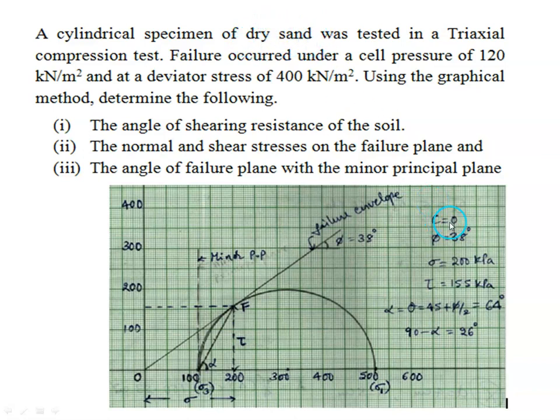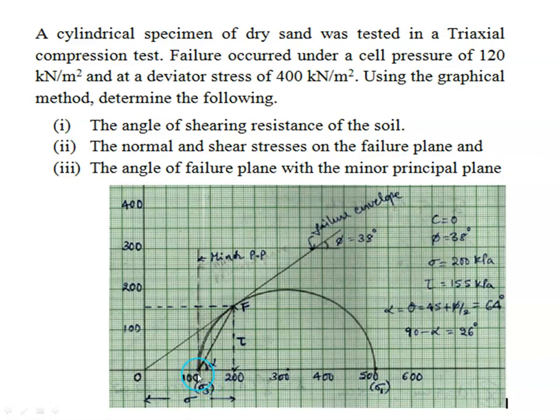Then, with the given failure stresses, sigma 3 is given as 120, and sigma 1 is equal to sigma d plus sigma 3, which gives the major principal stress. Major principal stress equal to deviator stress plus cell pressure. So 400 plus 120, that is 520, and the cell pressure is sigma 3, that is 120.